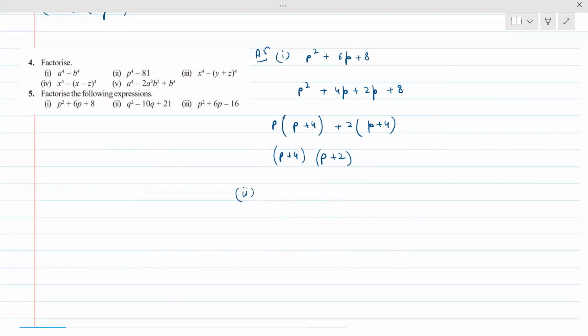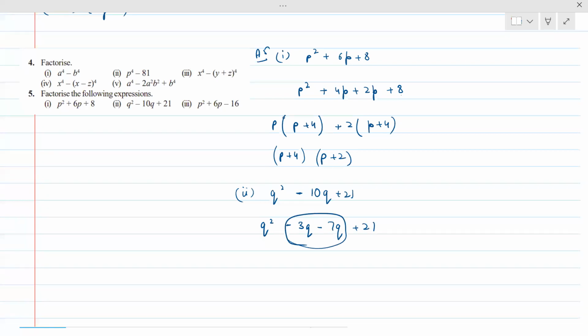Similarly, for the second part, q^2 minus 10q plus 21. Now we have to split 10q in such a way that when we add those numbers, it comes out to be minus 10q, and when we multiply, it comes out to be 21q^2. So I'm doing it like q^2 minus 3q minus 7q plus 21.